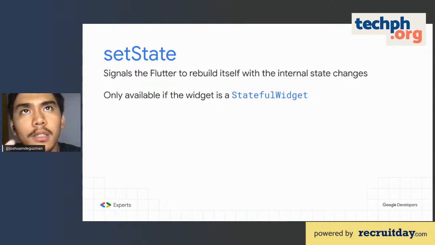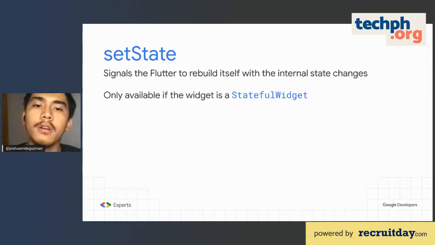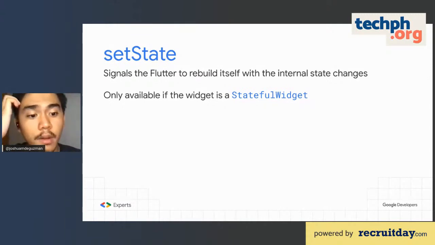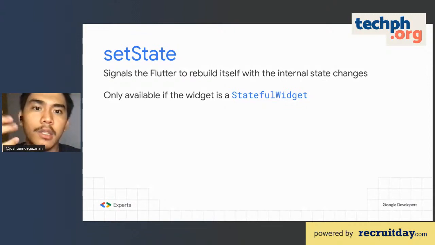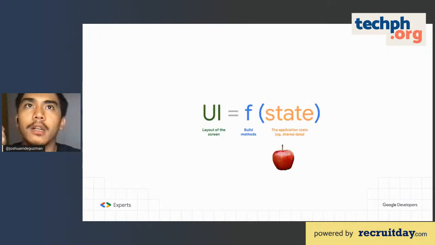For example, a button is clicked, you have to increase the counter, and it's only available on a stateful widget. And again, the practice in Flutter is, if you can create a widget using a stateless widget, it's more recommended than making every widget a stateful widget, even if they don't have to manage states internally.